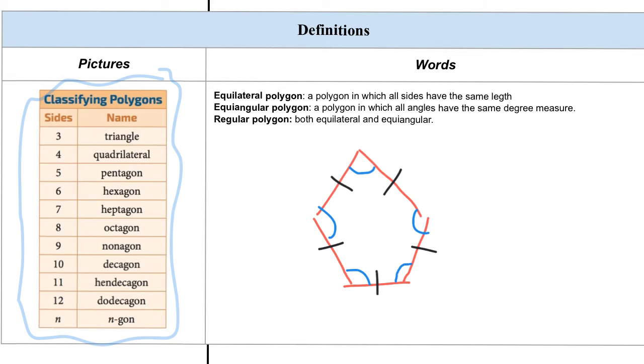To be honest, anything above 12 sides, I don't know the name for. I can look it up real quickly, but I'm not going to sit around and memorize all these names. If you ever have a problem asking you to find the number of sides or the area of a dodecagon and you can't remember, ask the question, okay? Ask the question.